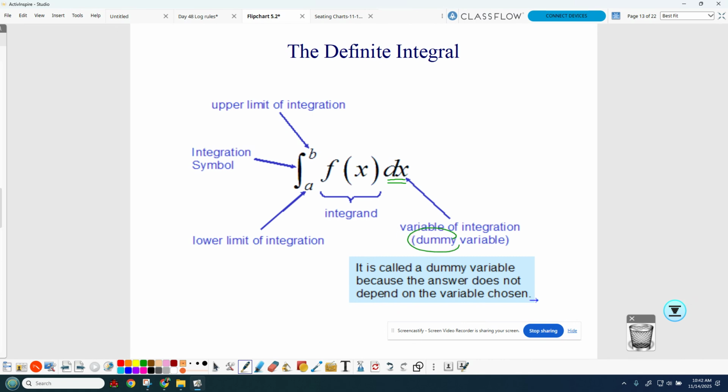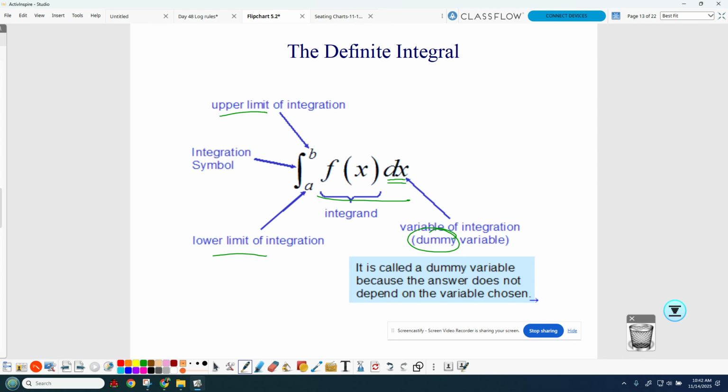And poor thing, they're calling it a dummy. But it's just to say your width and your height. But grading rubrics, they often say, did you get the integrand right? Did you get the limits of integration right? So you're not going to be asked to know the vocabulary of it, just there it is.